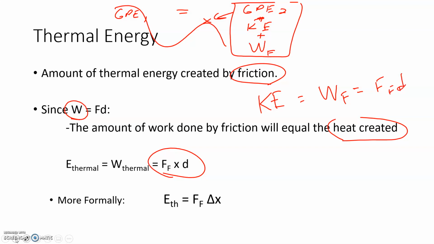If you know the distance and you know the kinetic energy, you could find how much friction there is. So that's what we're doing with this. That's where we're going with all this stuff.